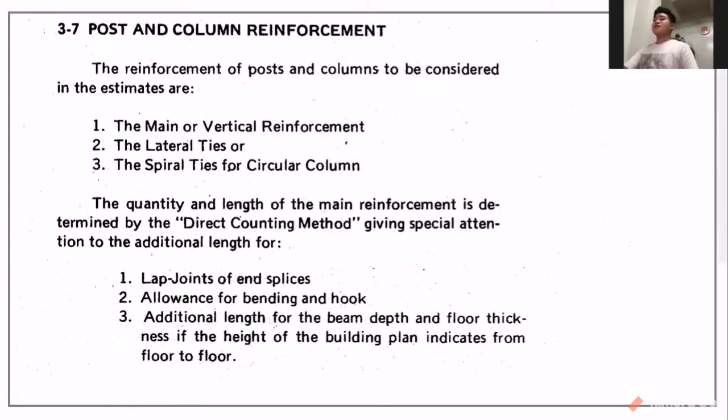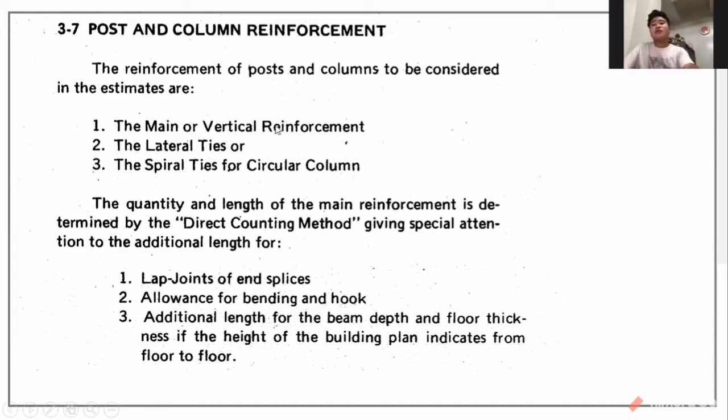Okay. Post and column reinforcement. So the reinforcement of posts and columns to be considered in the estimates. These are the following we need to consider for our reinforcement of posts and columns, since we really need to make our buildings strong enough to handle typhoons.